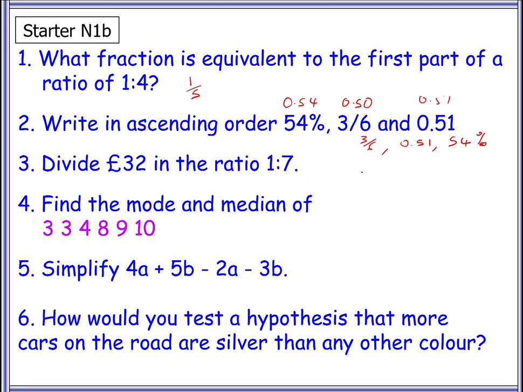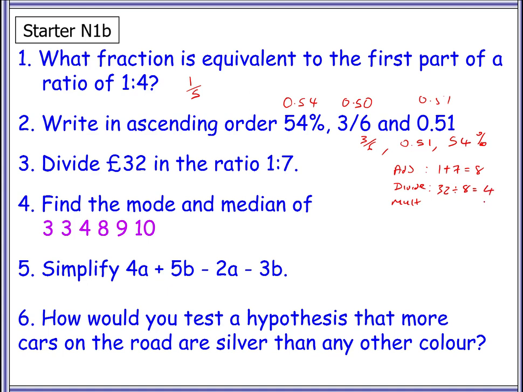So when we're sharing in a ratio, remember the 3 steps: add, divide, and then multiply. So we add the ratios. 1 plus 7 equals 8. Then we divide. So it's 32 pounds we're going to share, so we divide 32 by the total number of shares, which is 8, and it gives you the amount of 4 pounds.